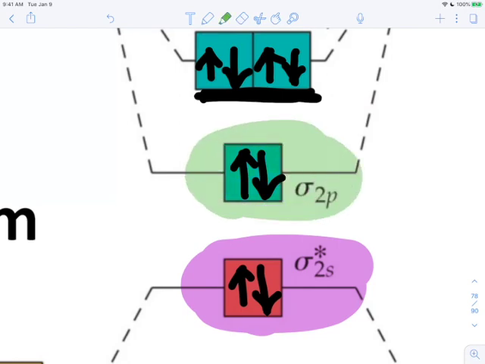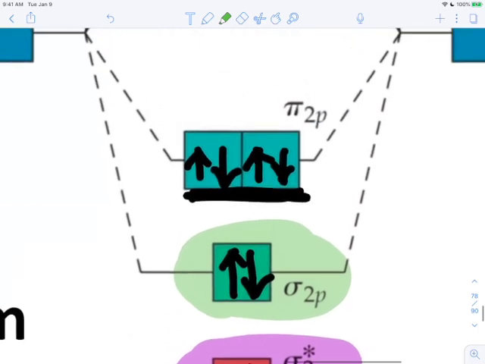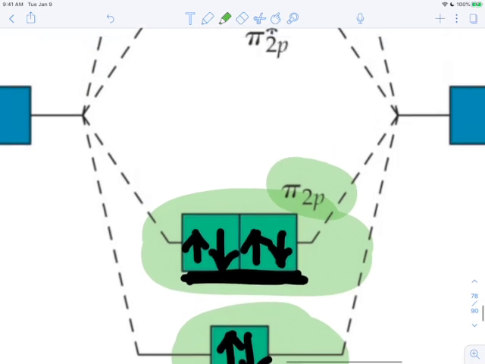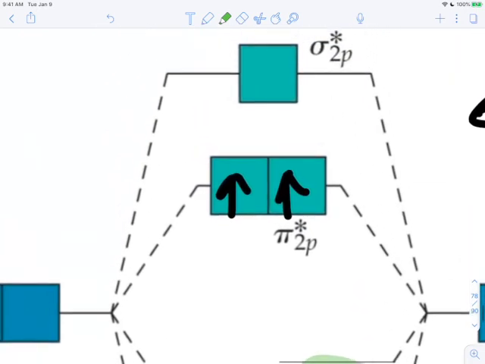Someday you'll be taking your kids for a walk and you're like, hey, hey, hey, don't get near that one. That's an anti-bonding orbital. All right. So what about this one right here, this pi 2p? Is that bonding or antibonding? Excellent. How about this one right over here? Is that one bonding or antibonding? Excellent, antibonding.